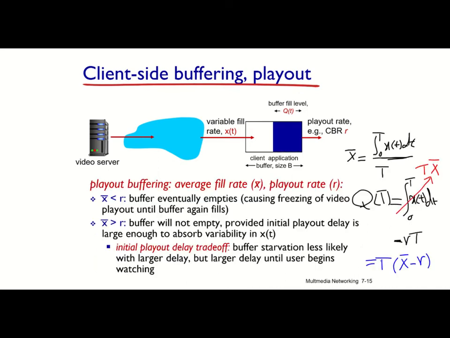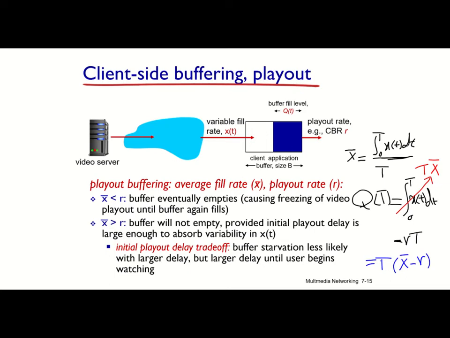Here, let's consider a new quantity, which we call the average fill rate. As I said before, the fill rate is variable for the buffer, because the network delay is variable, so the rate in which the video is received by the client is variable.